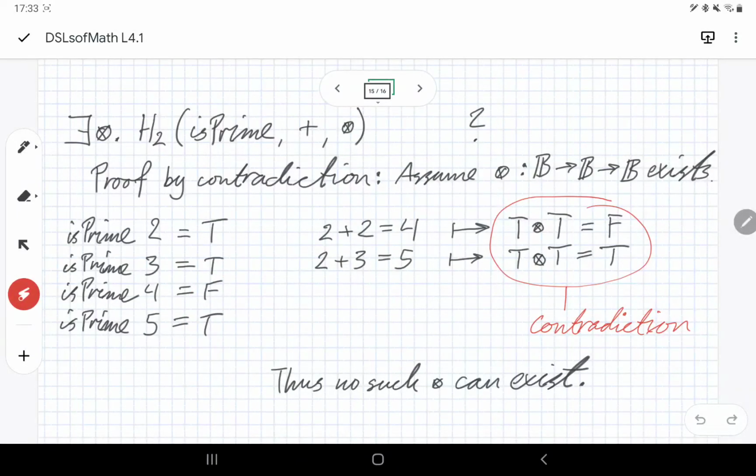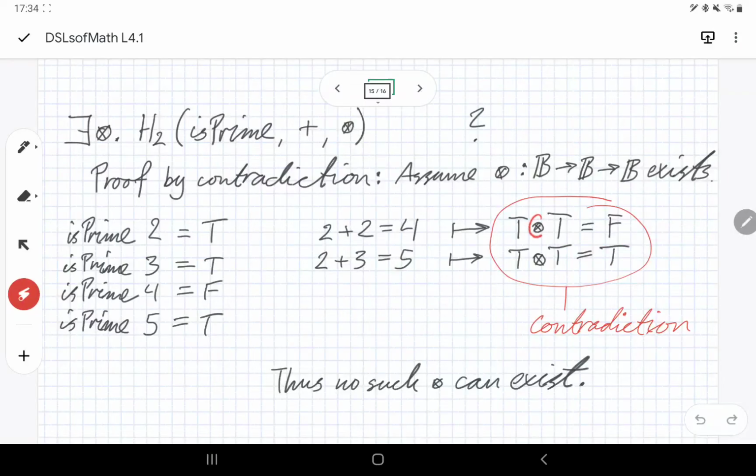So remember, in a sense, what the homomorphism condition is saying is that any equality of this shape should be mapped to an equality on the other end. So we map the primeness of 2 to true, the primeness of 2 to true, the primeness of 4 to false, primeness of 2 and 3 and 5 to true, true, true.